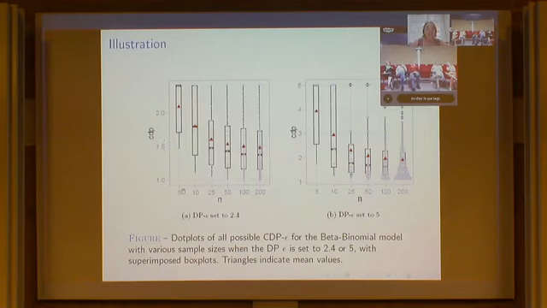For each sample size there are a lot of different CDP values, because the CDP depends on the true data set. For each true data set, I can look at all the neighboring data sets, removing an observation, and I get a bunch of different CDP values. And the differential privacy of 2.4 is the maximum of all these.